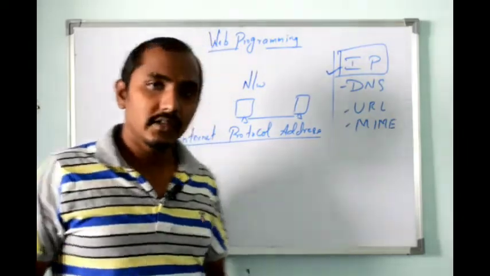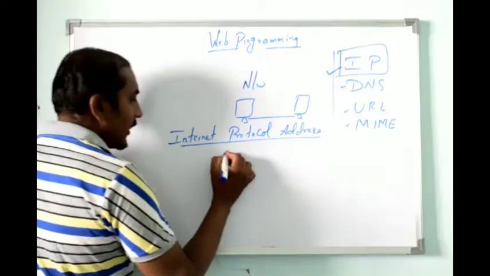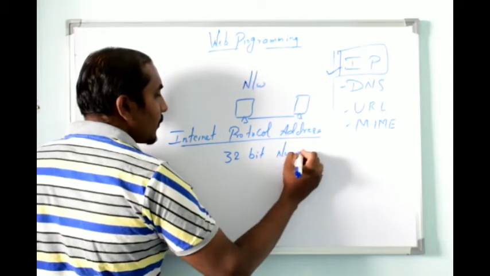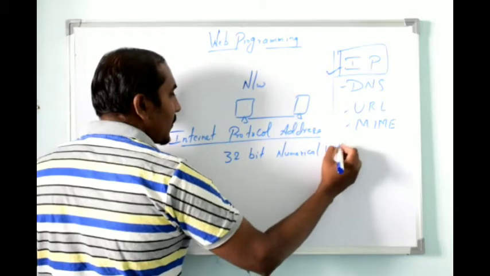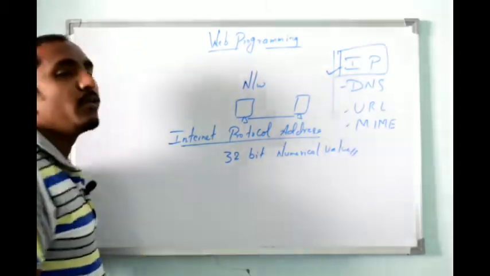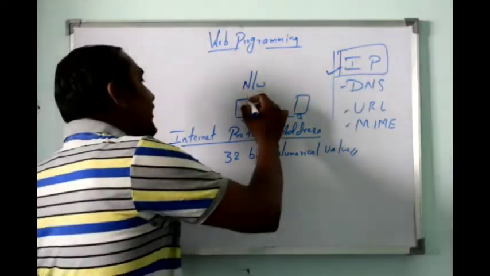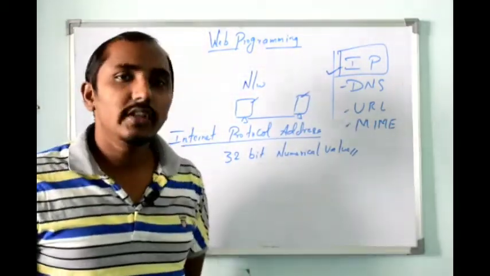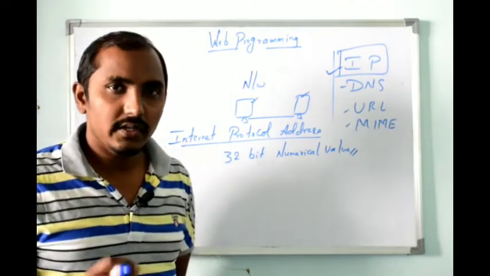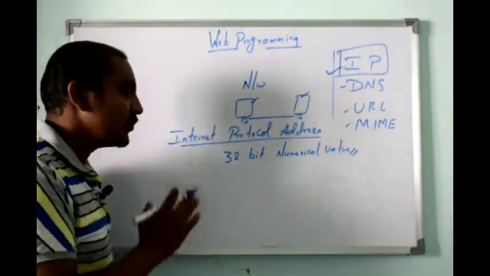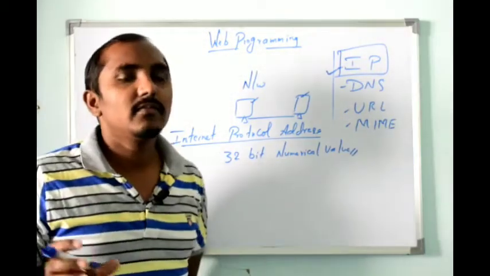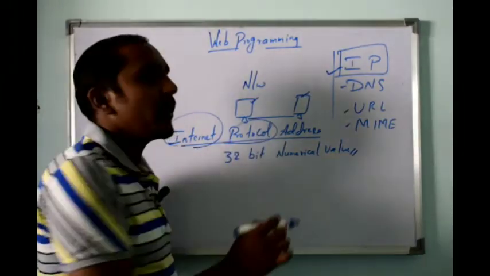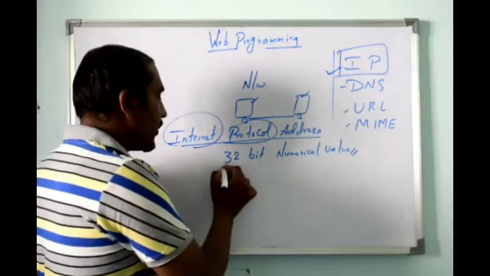This IP address is a 32-bit numerical value which is used to identify the devices that are connected on the network. If you want to identify a particular device or differentiate one device from another, we need to provide some number for it. That number is the Internet Protocol or IP address, which will be of 32 bits.